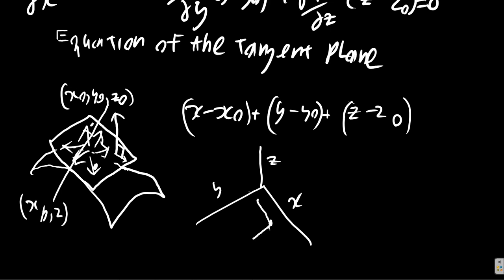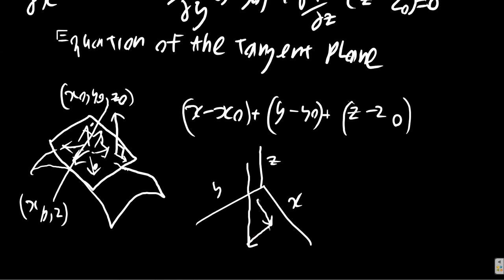Then y minus y0 would be the length of this other vector, and then you go straight up, z minus z0. So you move x minus x0 in the x direction, y minus y0 in the y direction, z minus z0 in the z direction, right?